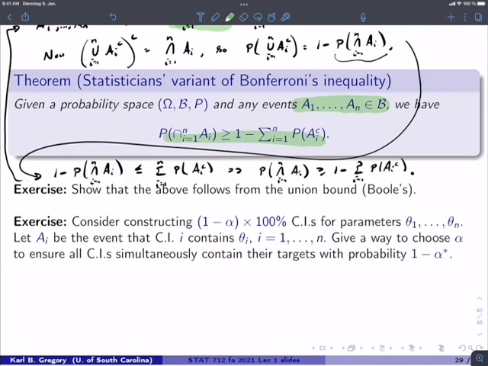Let's say you want to estimate a bunch of different things, like these n different parameters, and for each parameter you construct a confidence interval with some level of confidence, 1 minus alpha. So maybe you could set alpha equal to 0.05 and construct a 95% confidence interval for each of these n parameters.